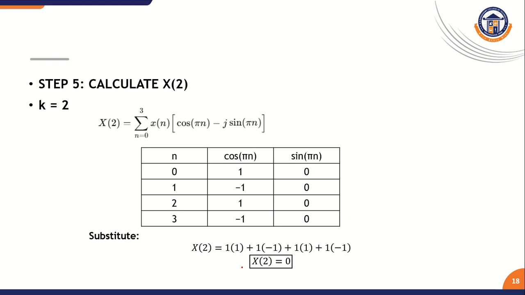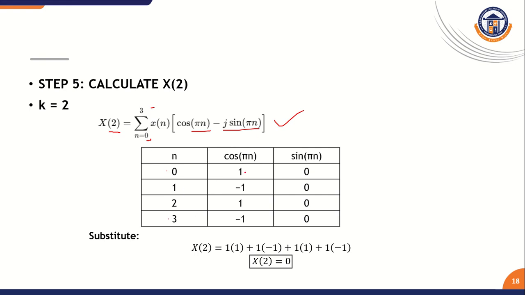In a similar way, we can calculate the value of capital X of 2 through the DFT formula. In this formula, we can substitute capital K value equal to 2. Finally, our equation is the summation over small n from 0 to 3 of x of n into cos pi n minus j sin pi n. Here we substitute the n value from 0 to 3.